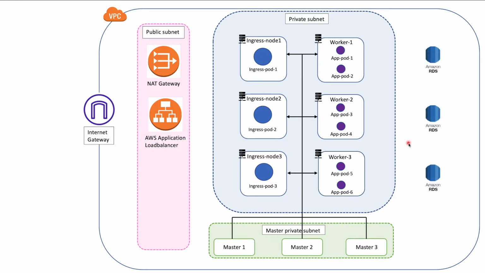One thing to note here is that we have deployed the Amazon RDS instances after the deployment of the application pod. But in many cases, depending on the requirement of the application and the dependencies that the application has, you might have to deploy the database tier or this database layer before deploying the actual application deployment pod.